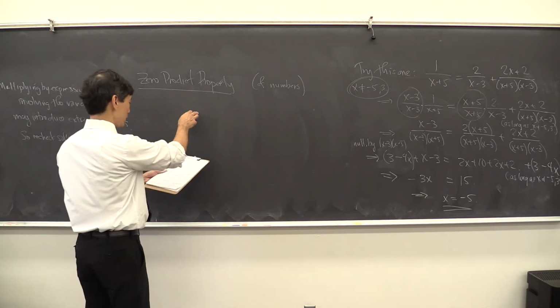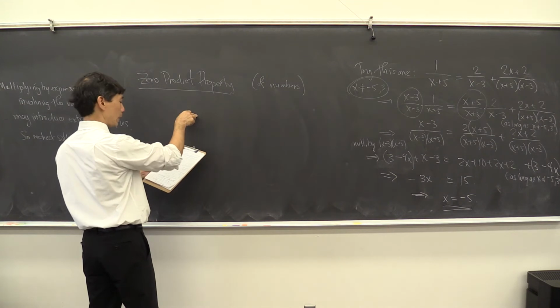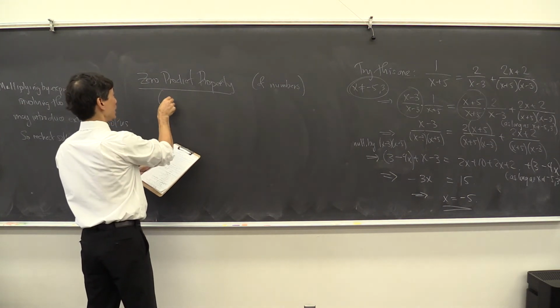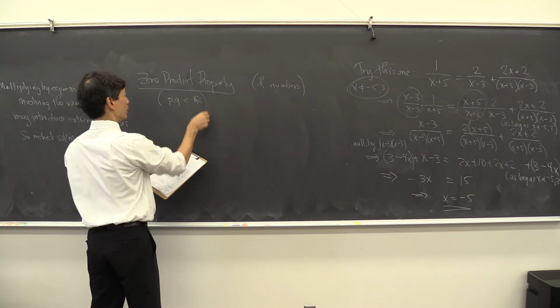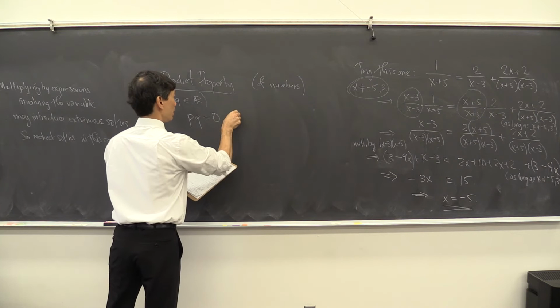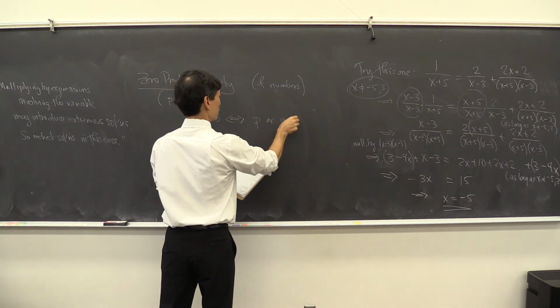Let me just say it. So it's the following: if P and Q are numbers, then PQ equals 0 if and only if P or Q is 0.